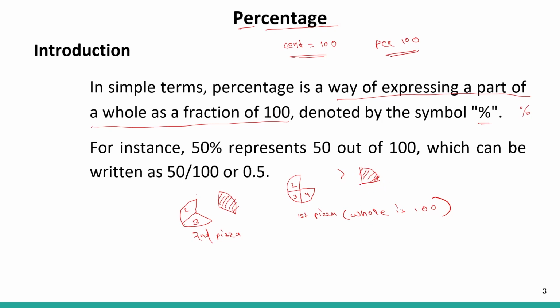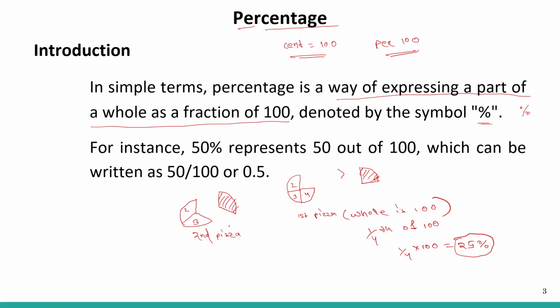And what you took was 1 by 4th of 100. So 1 by 4 into 100 is equal to 25. Since we showed this part as a fraction of the whole, if the whole is 100, then what we got was 25. So 25 will be called 25%, 25 per 100. If the whole was 100, then what you got was 25%.